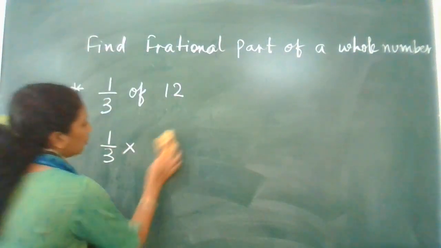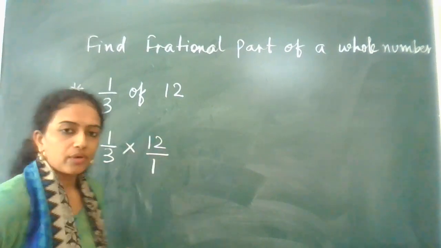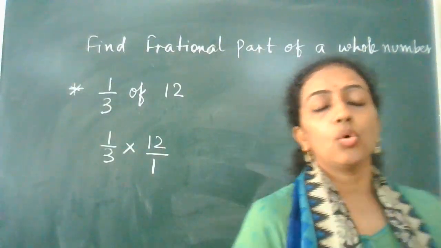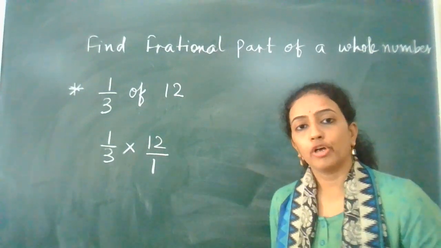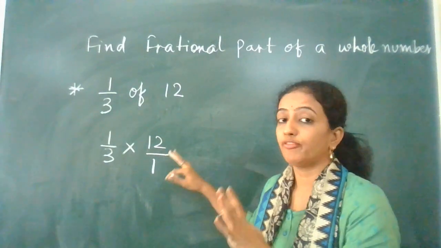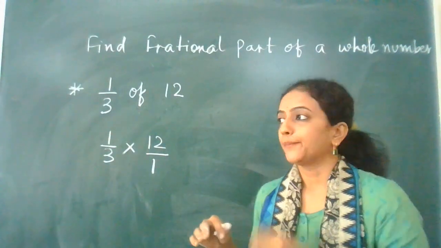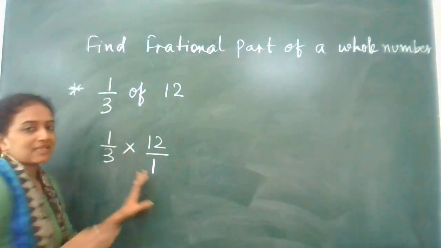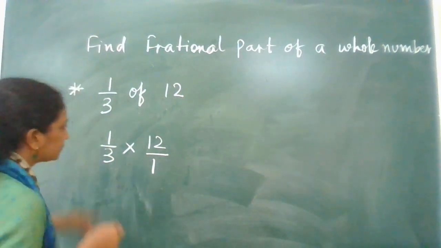So now what we can do is this 12 over 1. As I have said, all the whole numbers have 1 as a denominator. For our help or for our convenience, you can put it. If you don't put it, then also it's okay. I'll show you both ways. I'm explaining this to make your work easy and to make you understand better.